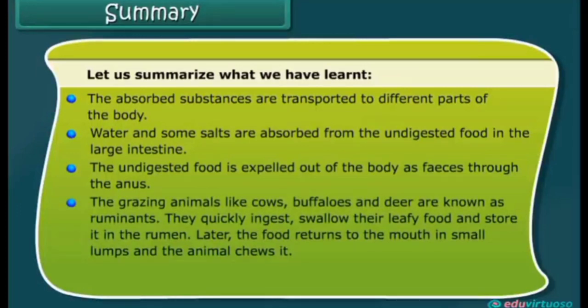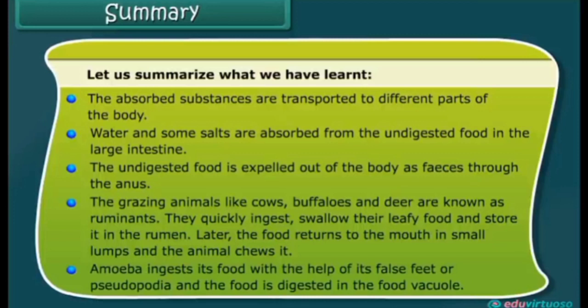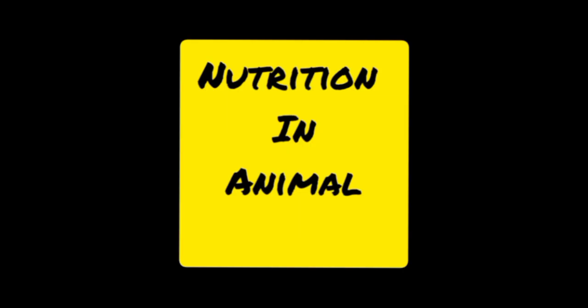They quickly ingest and swallow their leafy food, and store it in the rumen. Later, the food returns to the mouth in small lumps, and the animal chews it. Amoeba ingests its food with the help of its false feet or pseudopodia, and the food is digested in the food vacuole. So students, in short, we revised the second chapter also, that is nutrition in animals.